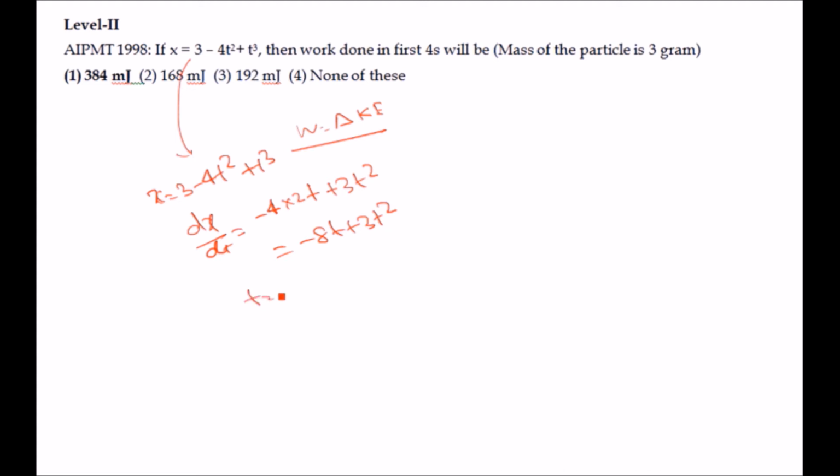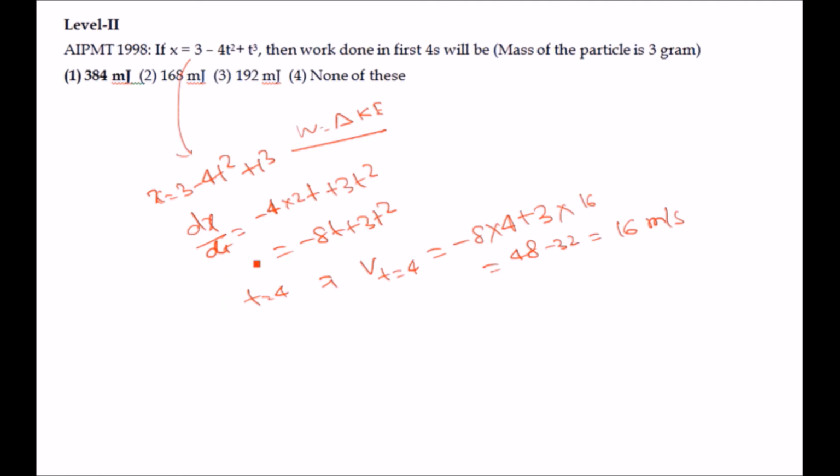So for t is equal to 4, the velocity is equal to minus 8 into 4 plus 3 into 16, or 48 minus 32. So 16 meter per second is the velocity of the particle after 4 seconds.